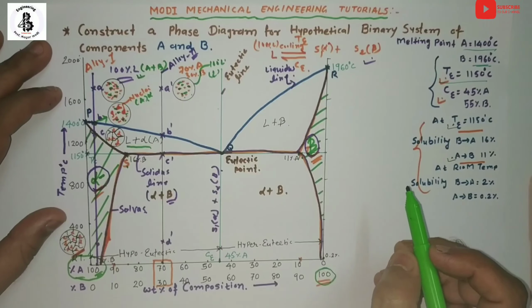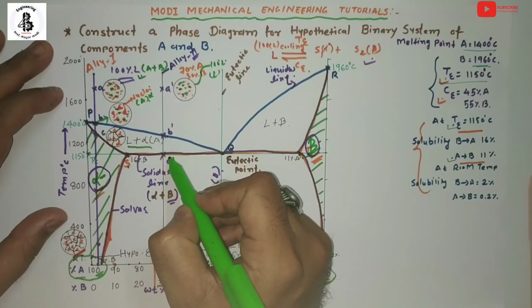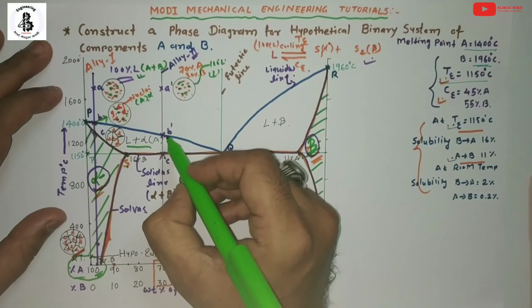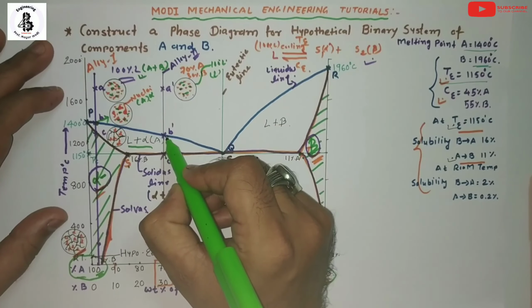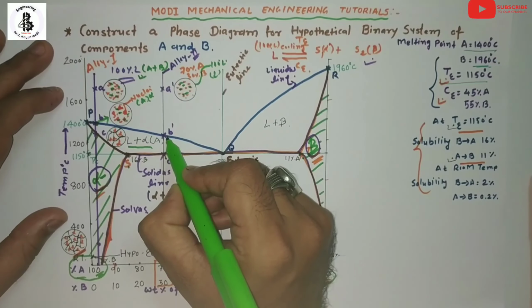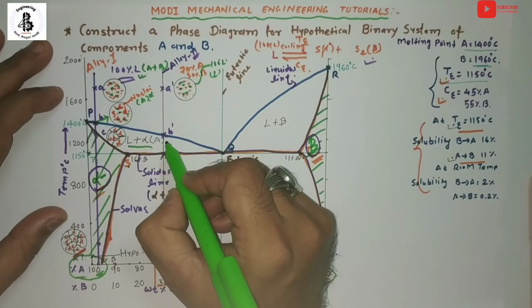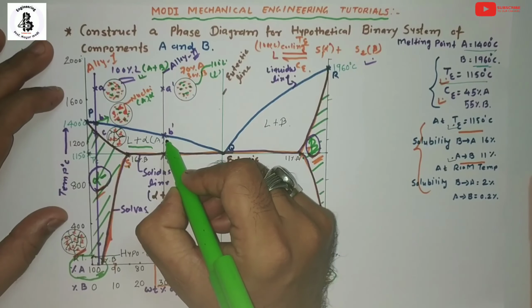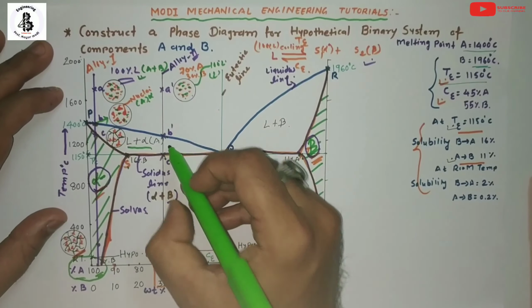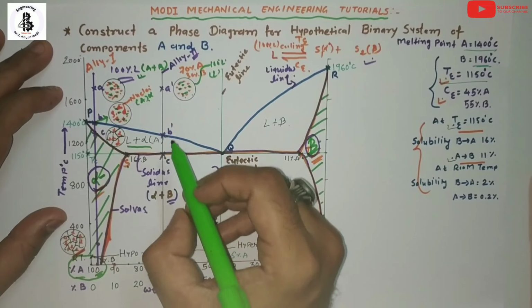But I am interested in talking about the B dash point and C dash point. Now the B dash point represents the intersecting point on the liquidus line. Once again, it intersects the liquidus line, so that will be the starting point of the solidification process.